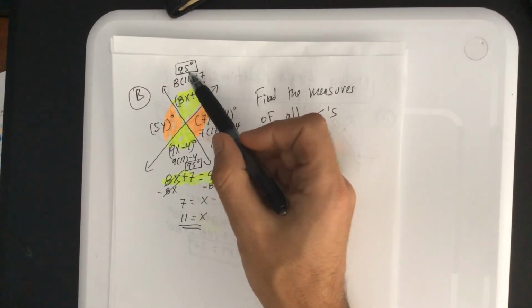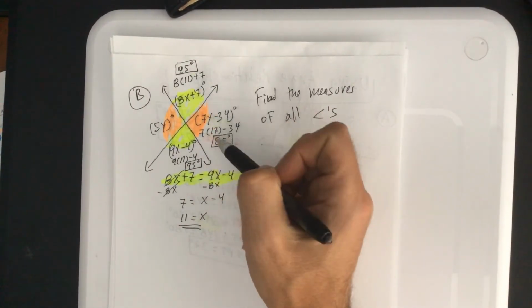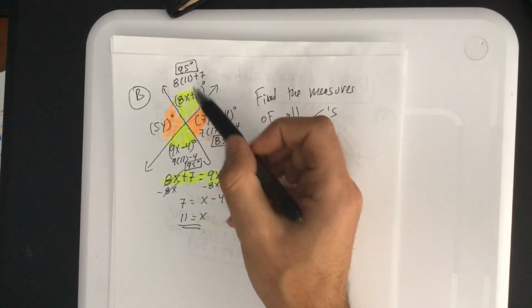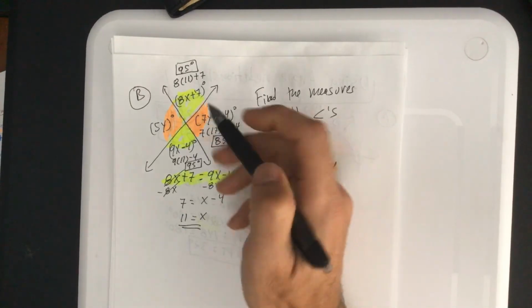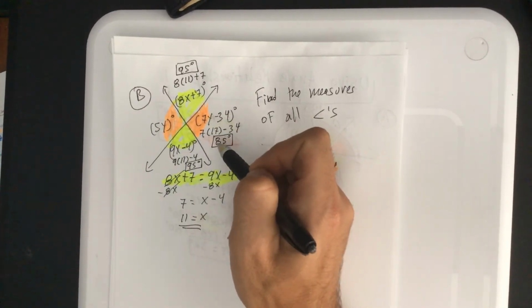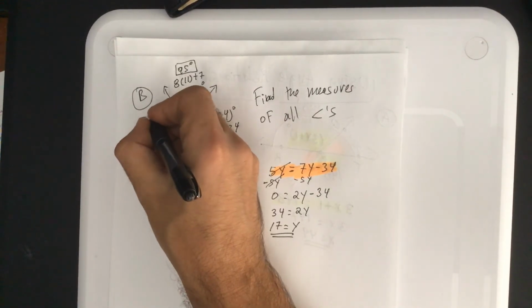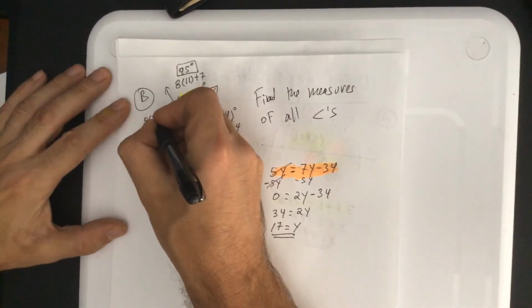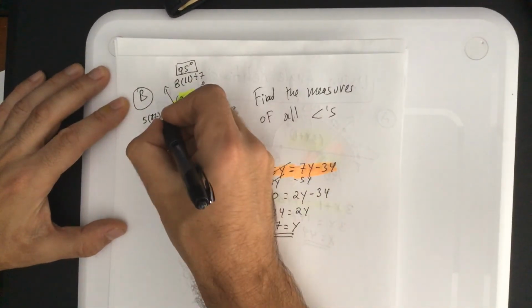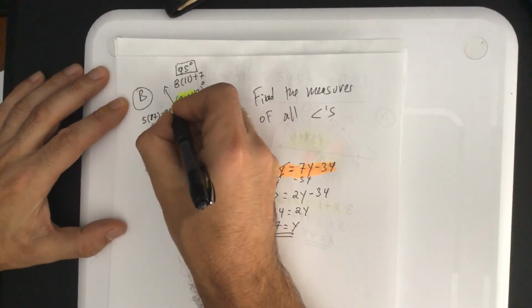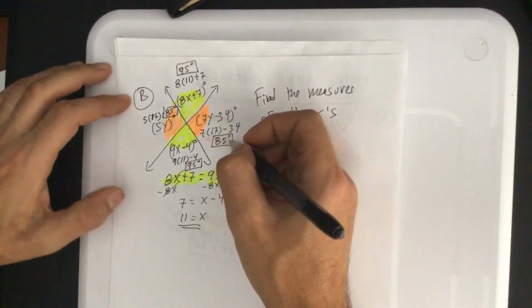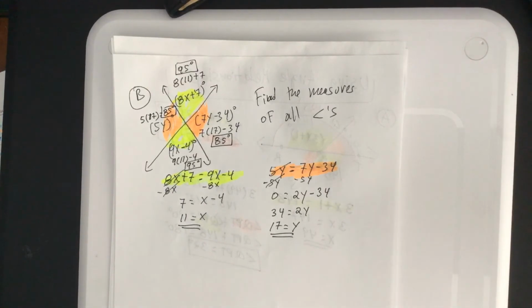And if you go 85 plus 95, you should get 180 degrees. Okay? This one should give the same thing as that one. So 5 times 17, guess what? That's equal to 85 degrees. Everything works.